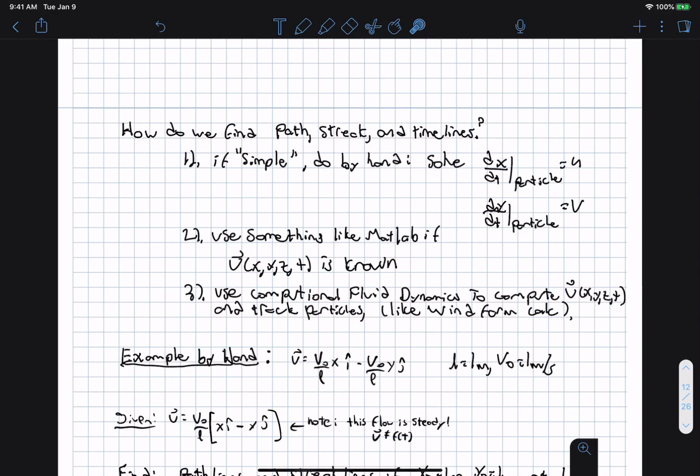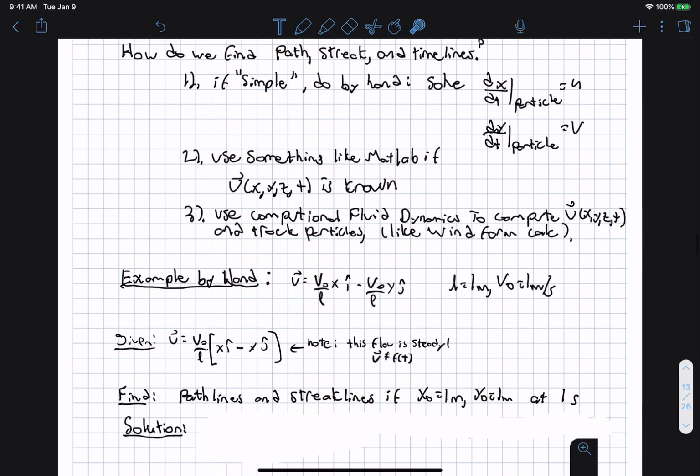Then you can track what are called tracer particles, which are just particles that move along with the flow. That's exactly what was done with the wind farm calculation, where they did a massive supercomputer simulation of the flow going through all the wind turbines, released a bunch of little tracer particles, and followed them around to define a timeline.